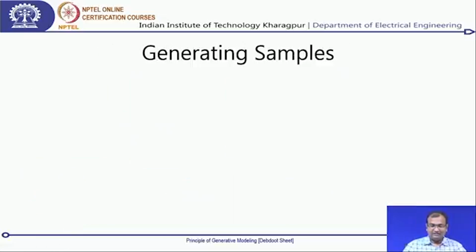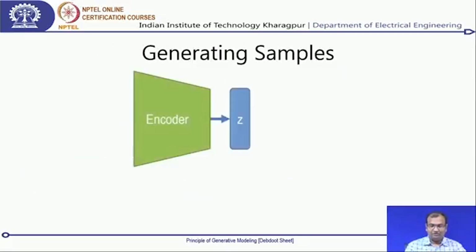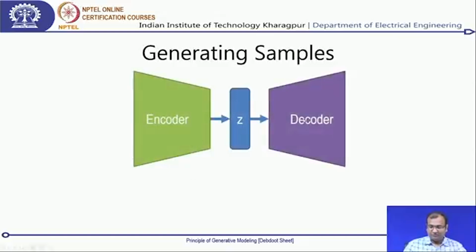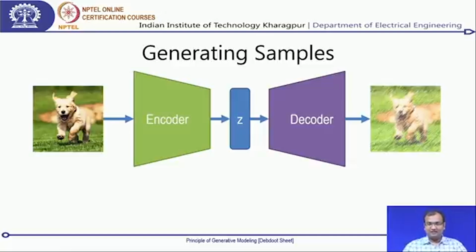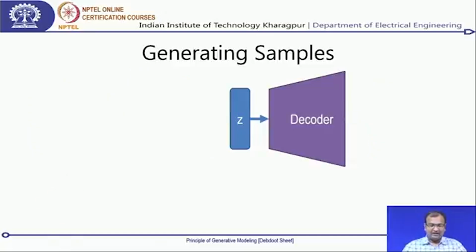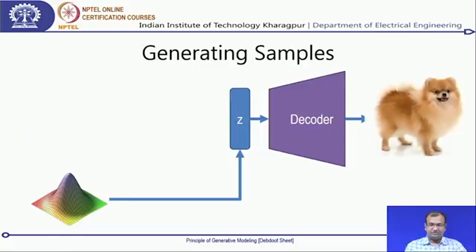Now, when I want to generate samples, it becomes a very straightforward job. I have my encoder and decoder which have been trained. One way is that I can put in an image and get back some version of the image, but now I want to generate synthetic samples, and what that would mean is that I take one of these random distributions, take a number from here, feed it to this decoder and get an image coming out over here.